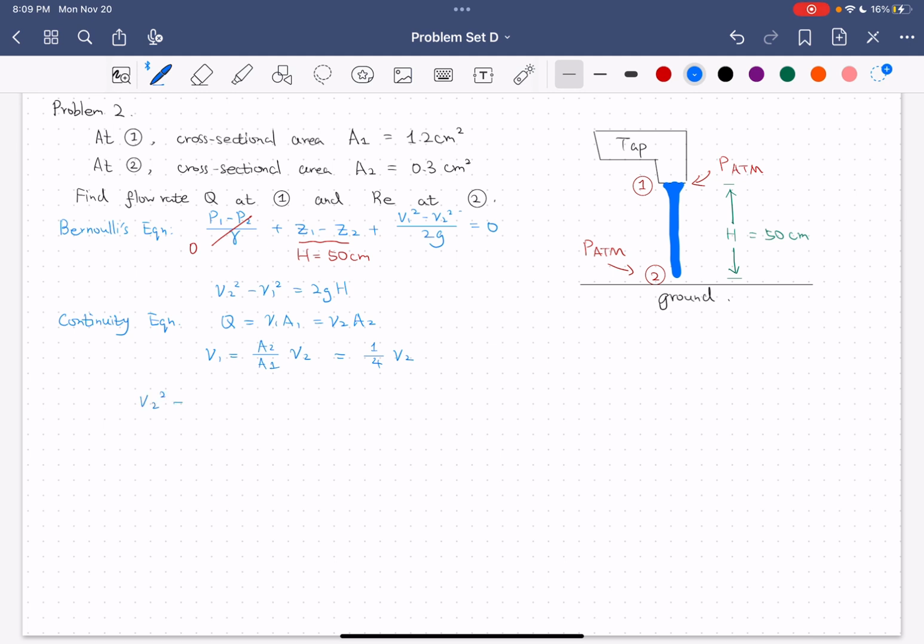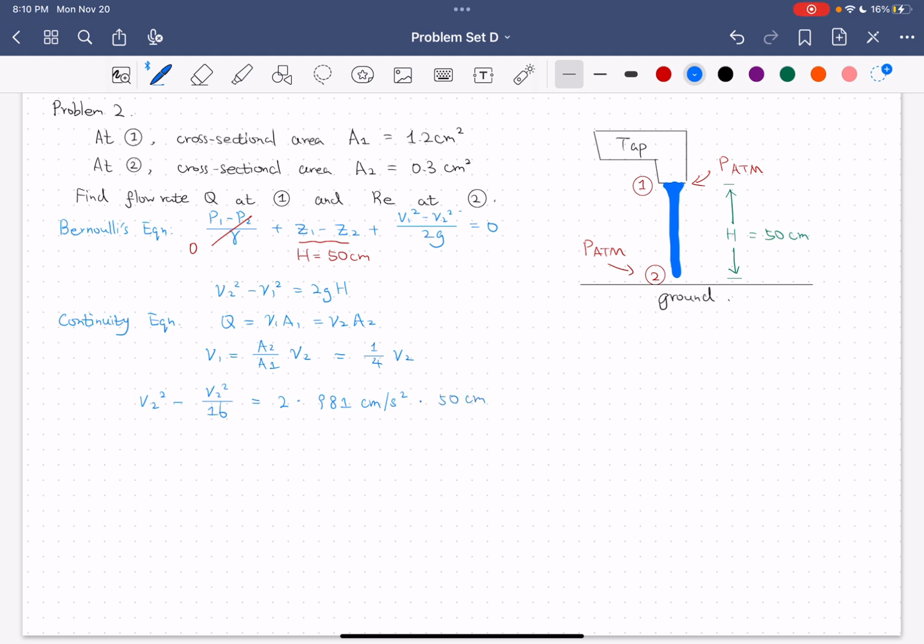V2 squared minus V2 squared over 4 squared, which is 16, equals 2 times, since we're using centimeters as our unit, g will be 981 centimeters per second squared, times h, which is 50 centimeters.